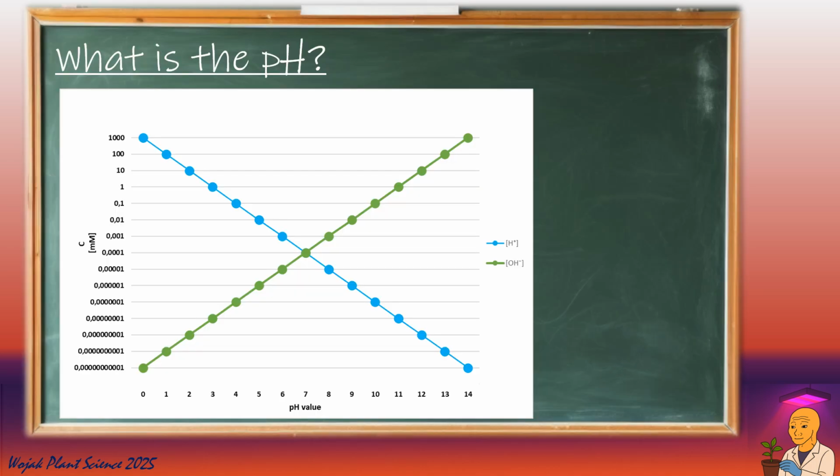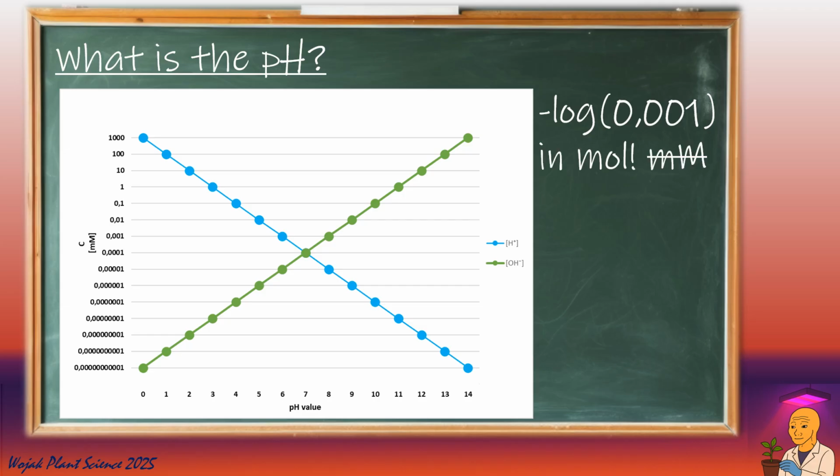So we need to go back to that chart and we could read it out. However, we use the same principle of calculating the pH, but we have a base and we need to calculate the so-called pOH, because there is always a pH and a pOH.